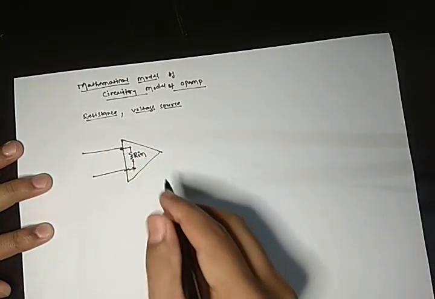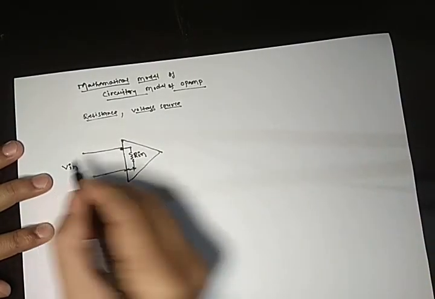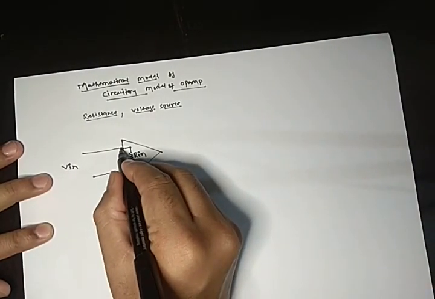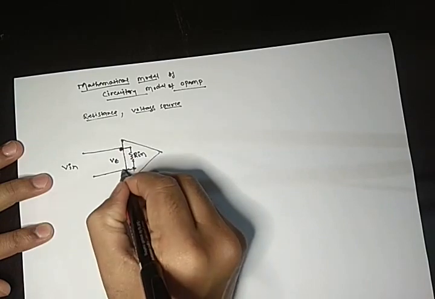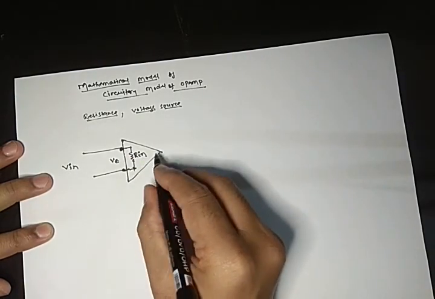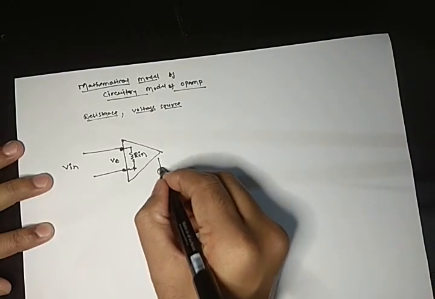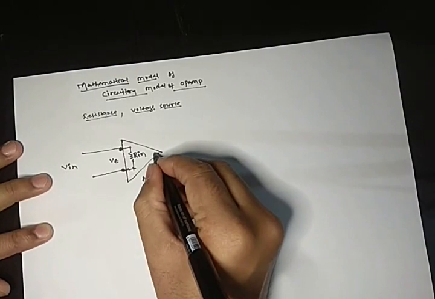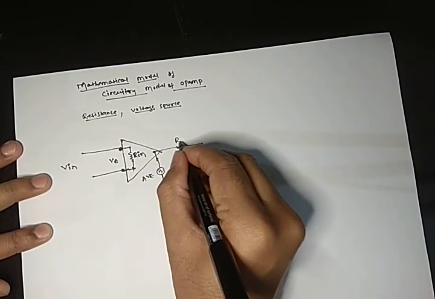This is a very high resistance, and the output is given by, this is V epsilon, the voltage between these two terminals. Then the output is given by A into V epsilon, and this is your R naught.